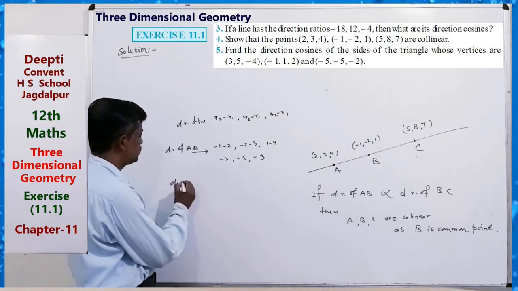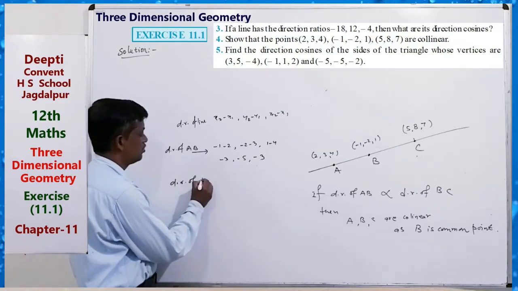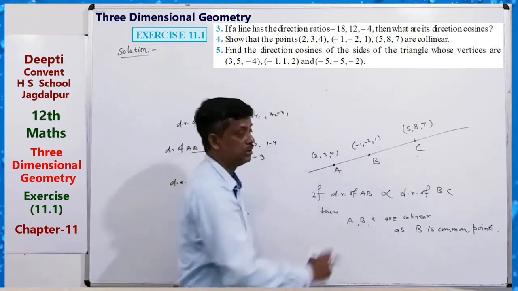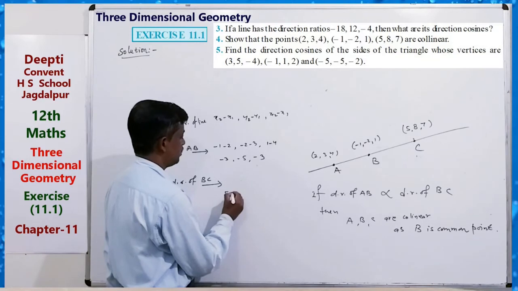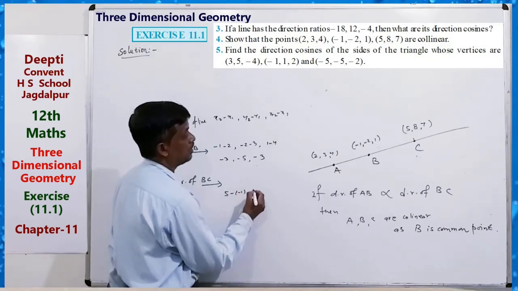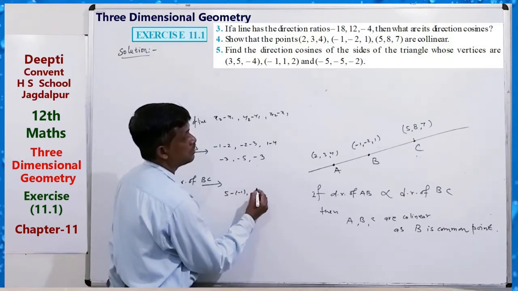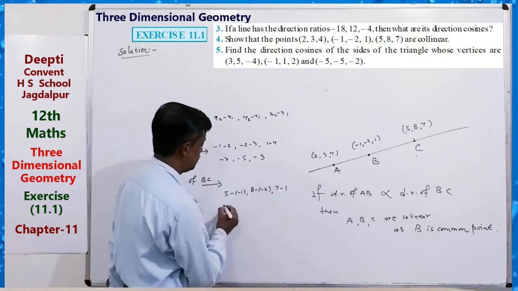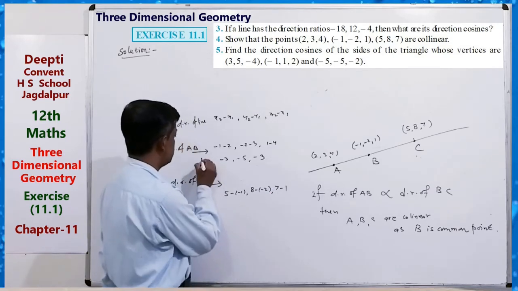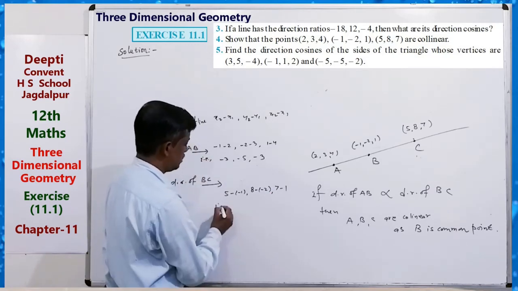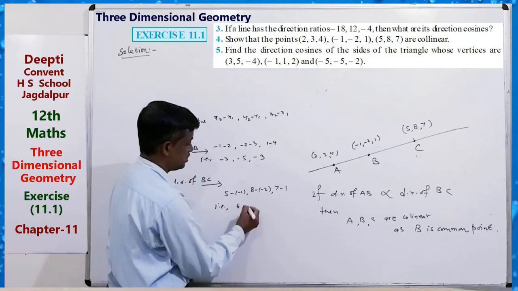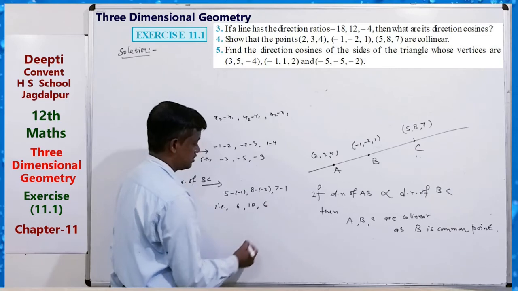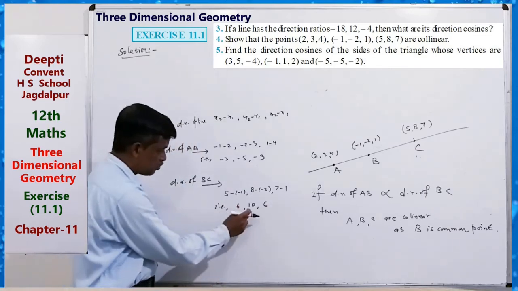And also the direction ratios of BC: x2 minus x1, so 5 minus -1, 8 minus -2, and 7 minus 1. Here 5 plus 1 is 6, then 10 and 6, which is proportional to this.